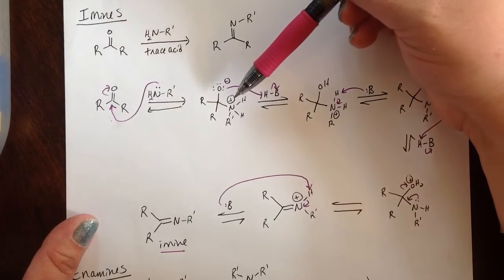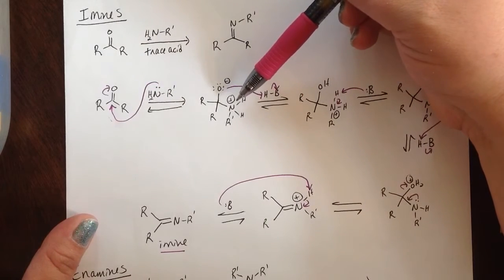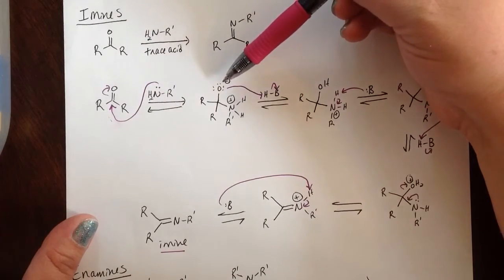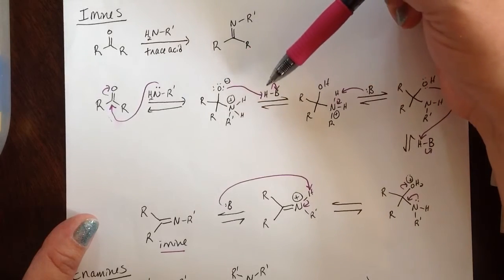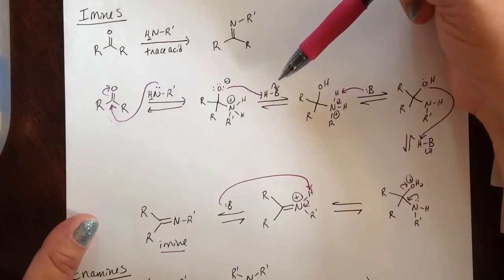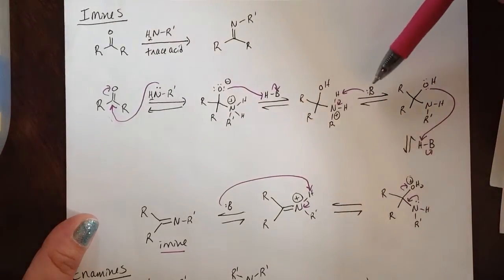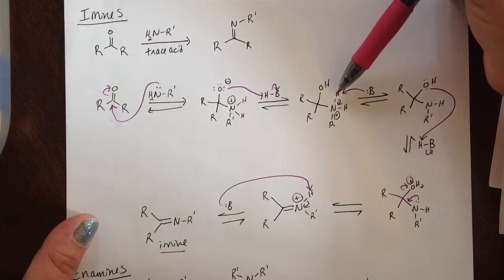If you're in an acid, it's okay for a positive charge to hang around, but it's not okay for an O- to hang around. So once you generate that O-, that's what's going to react with the hydrogen, and electrons go back to the base. Then the conjugate base will come back over and grab that hydrogen.